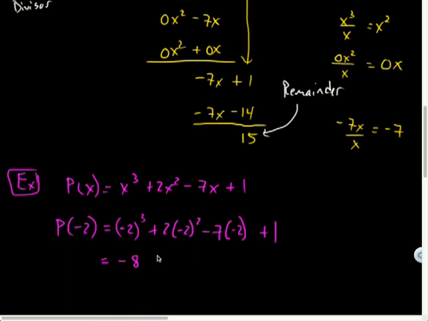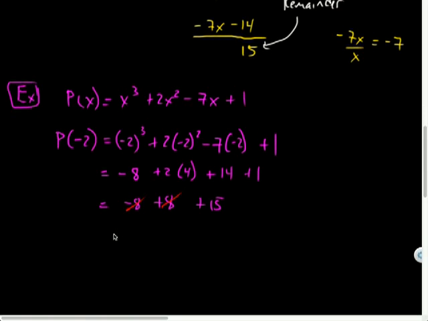Negative 2 all squared is 4. Negative 7 times negative 2 is positive 14. And I get negative 8 plus 15, and I guess you could think of these as canceling each other out, right? And I get 15.